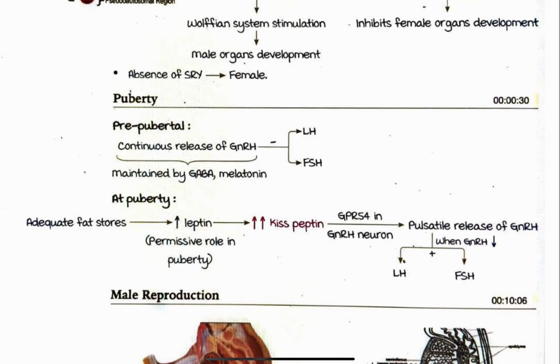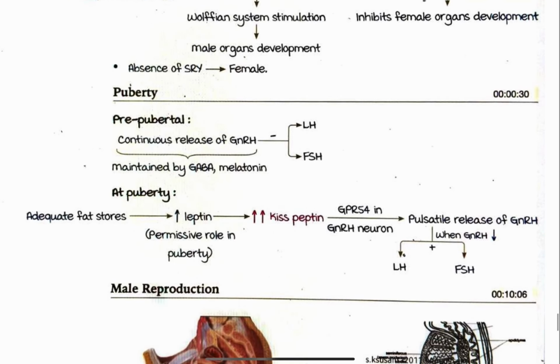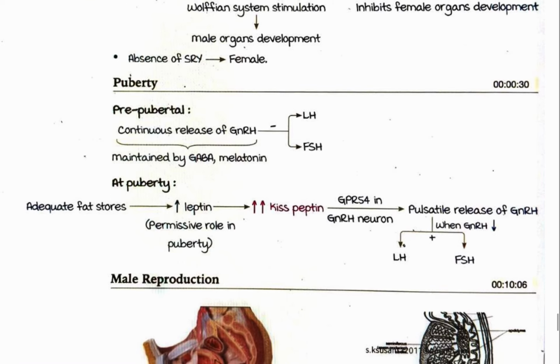Puberty. Prepubertal, continuous release of gonadotropin-releasing hormone inhibits release of luteinizing hormone and follicle stimulating hormone. Continuous release is maintained by GABA and melatonin.